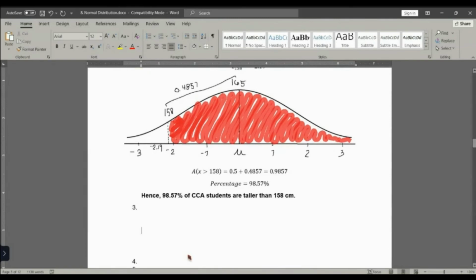Number 3. This time I want the specific number of students. How many CCA students are shorter than, let's say, 173 centimeters?